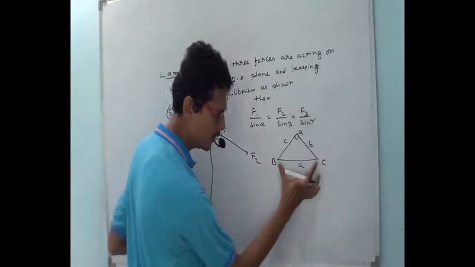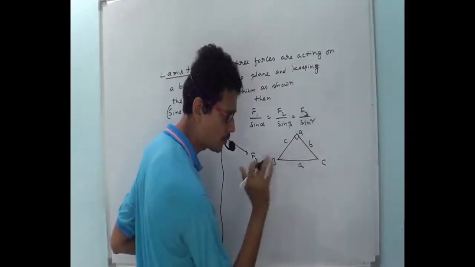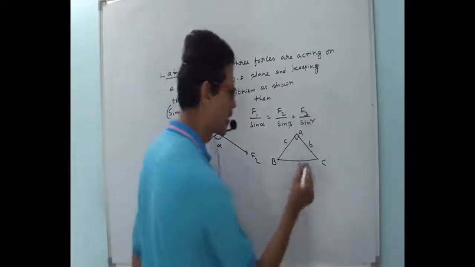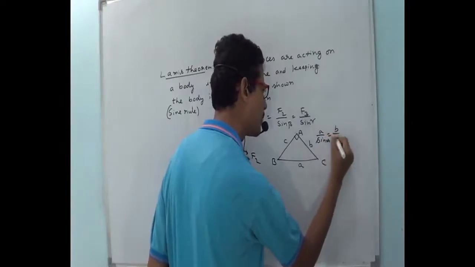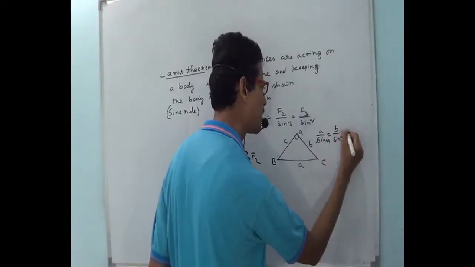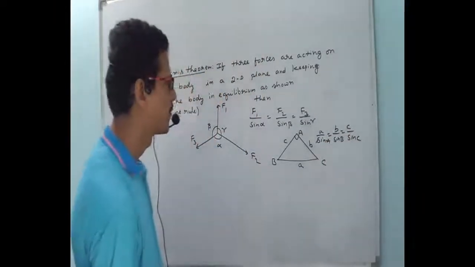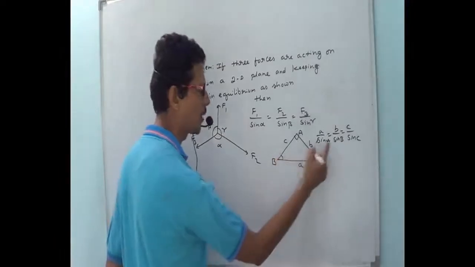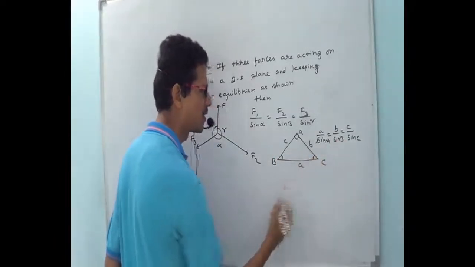If you know the angle between two sides, you can calculate the opposite side by applying the cosine rule. Actually this is the sine rule: a by sine A is equal to b by sine B is equal to c by sine C. Note down this. The capital letters are angles.